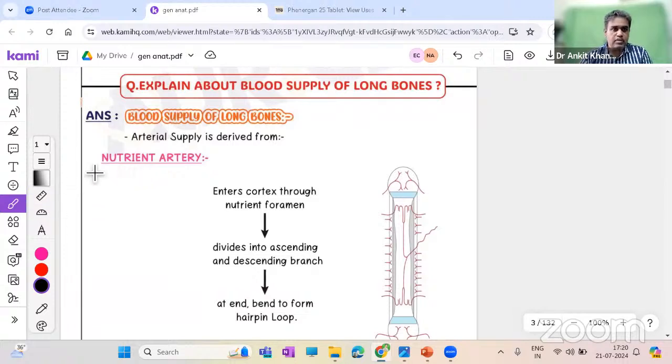First of all, let us see how many arteries there are. One is the nutrient artery. And remember, in general anatomy, you have seen that the nutrient artery's direction is always away from the growing end of the bone.